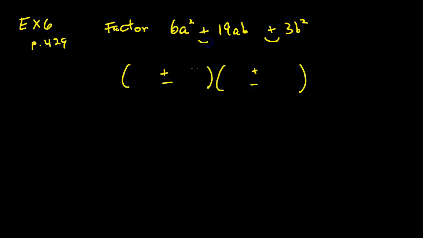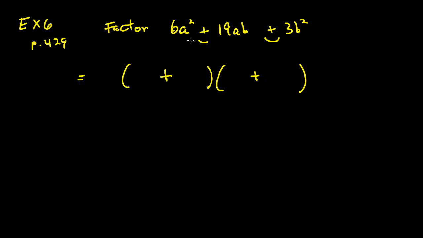Notice this first degree term, or second term I should say, is also positive. Well, with that we can scratch out the negative options here. Okay, it must be of the form plus plus. All right, so let's go ahead and put plus and plus in between these two binomials.